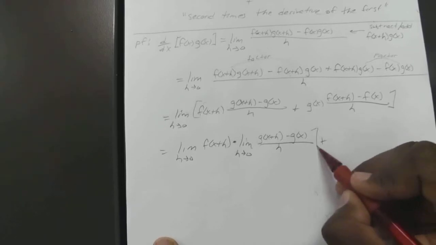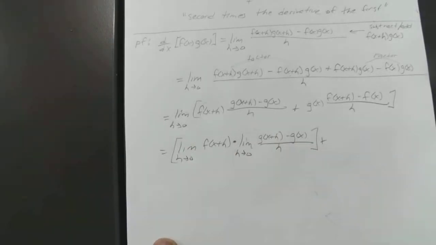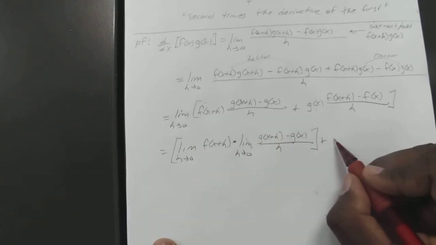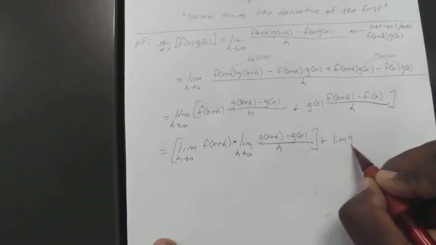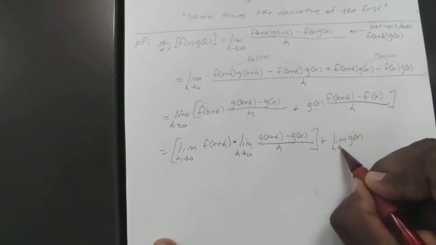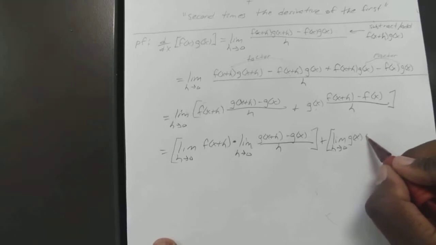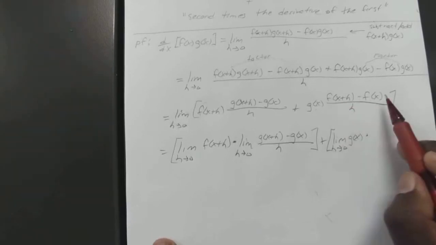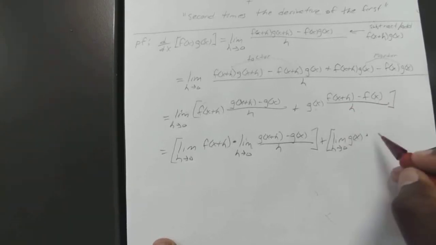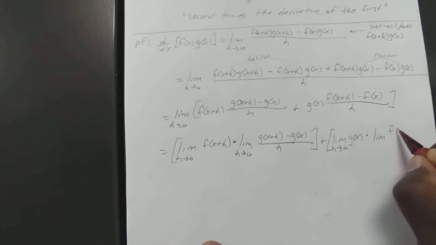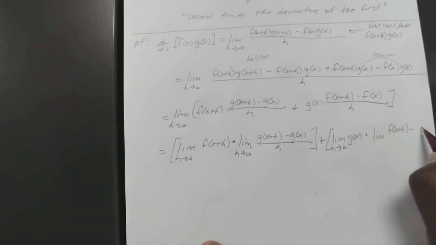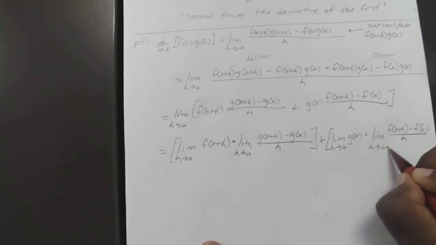Plus, so you have those two, might as well block that off, g of x, or the limit of g of x as h approaches 0 times the limit of f of x plus h minus f of x all over h, as h approaches 0.